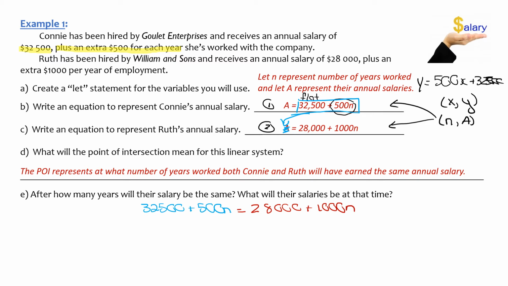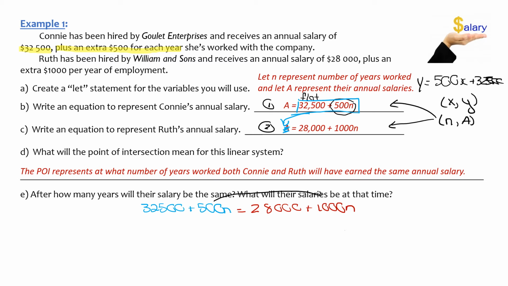So now we have to solve for N. Now if you used X's, then instead of N's you have X's here. The first thing I'm going to do is collect my like terms. I will collect the variables first. So I've got an N here and an N here, and I want them both together on one side. I can either subtract 1,000N and bring it all over to the left side, or I can do the opposite. And I'm actually going to do the opposite because it's usually a little easier to have a positive coefficient.